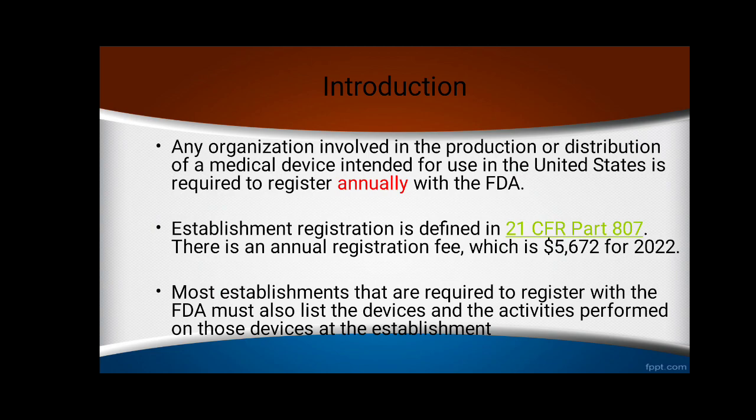Establishment registration is defined in 21 CFR Part 807. There is an annual registration fee, which is $5,672 for 2022. Most establishments that are required to register with FDA must also list the devices and the activities performed on those devices at the establishment.